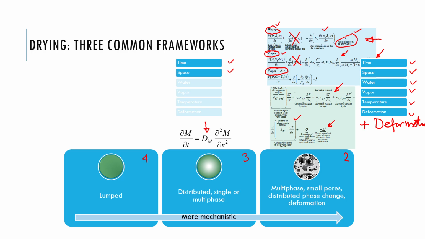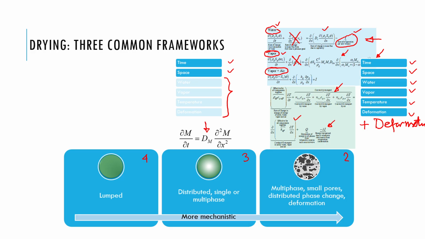Now, this is a considerably simpler description of the physics that can be solved easily, understood using even analytical solutions, but it is at the cost of losing all this detailed information for different phases like water, vapor, and also obviously it does not have the deformation aspect.